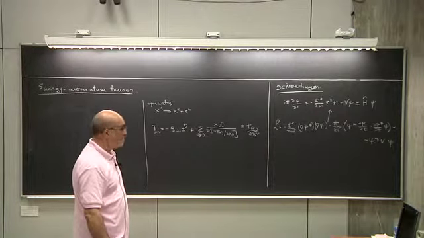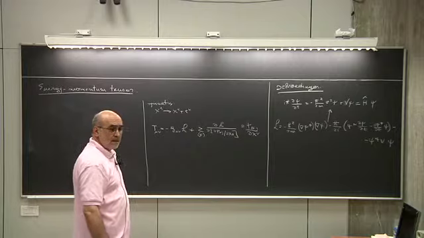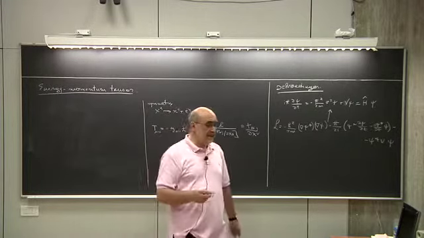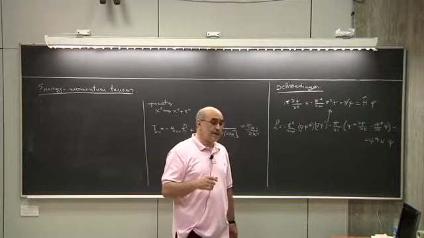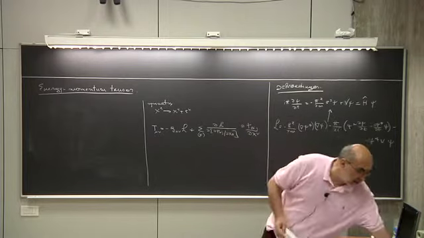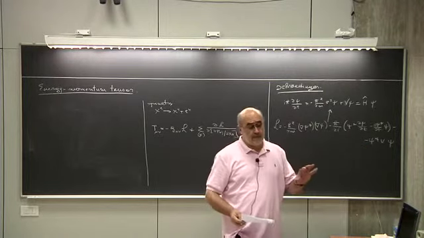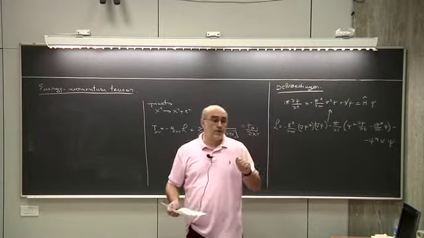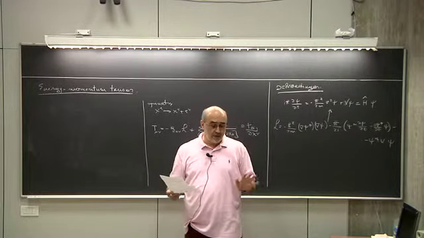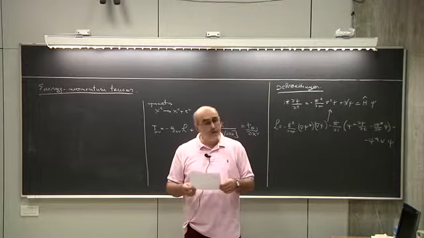Yes. Why is the reverse not true? Oh, the inverse is not true because there are some conserved quantities that are called accidental conserved quantities that are not related to symmetries. So there are some quantities that are conserved that are really not due to symmetry.